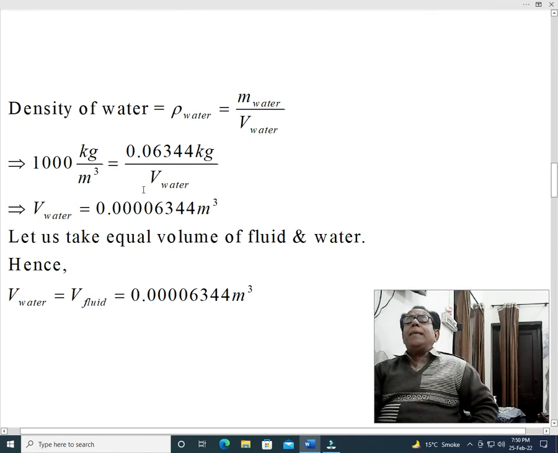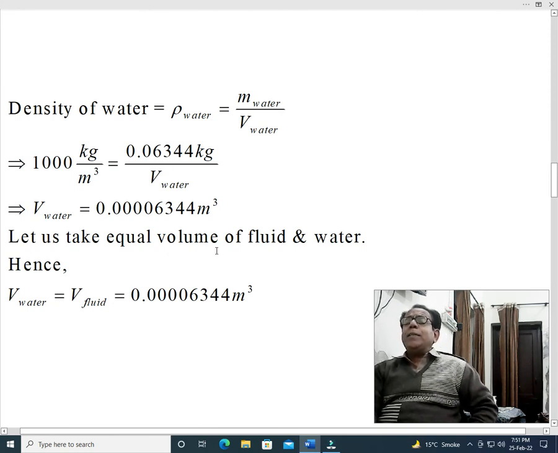As I have previously mentioned, we are not concerned with the volume of water, but as a part of the sequence, we are determining the volume of water, because for the other fluid whose specific gravity is to be determined, we will take equal volume. So when we have calculated the volume of water, we will take the same volume of the other fluid.